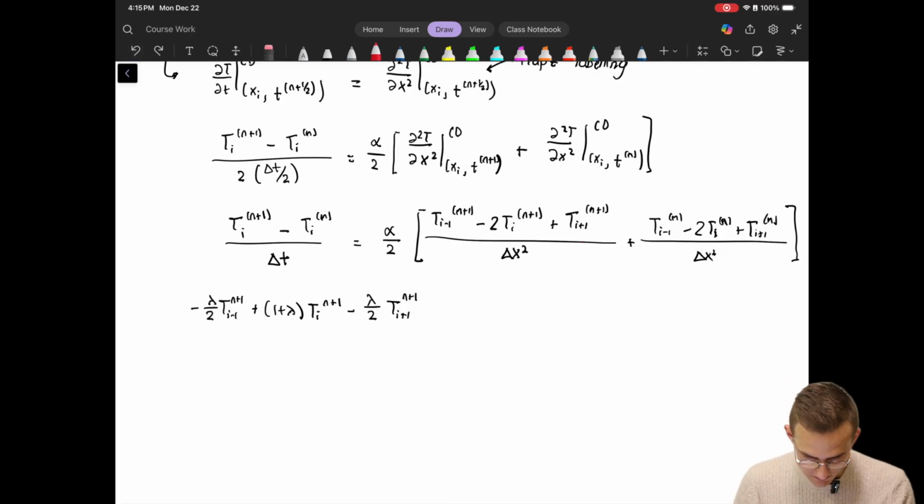And then you leave, of course, all the current time step, or T^n terms, on the right hand side. So then you have lambda over 2 times T_(i-1) at time step n, plus 1 minus lambda times T_i^n, plus lambda over 2 times T_(i+1) at time step n.